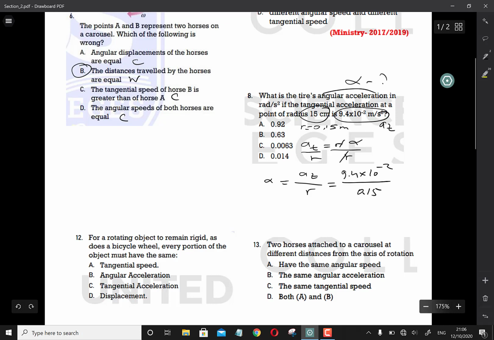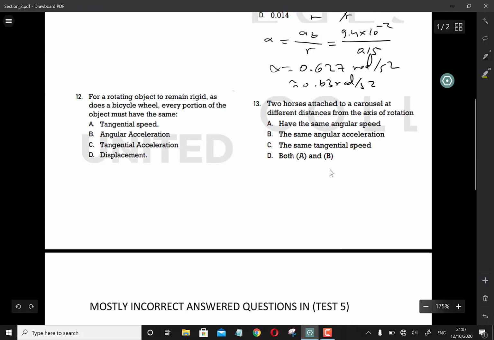If we divide them by a calculator, 9.4 times 10 to the power of negative 2 divided by 0.15 is equal to 0.627. 0.627 is alpha, 0.627 radian per second squared. If you round it, it's going to be 0.63 radian per second squared. So the choice is B.